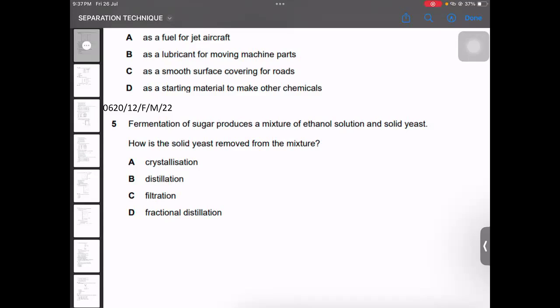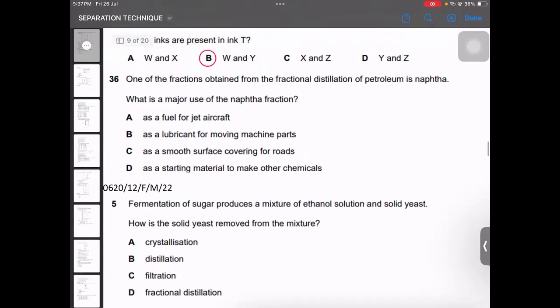Basically, they are asking how the solid is removed. Filtration was correct, because we are supposed to remove solid from the solution. Okay, I misread it.